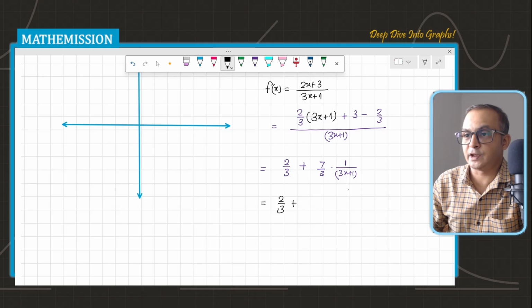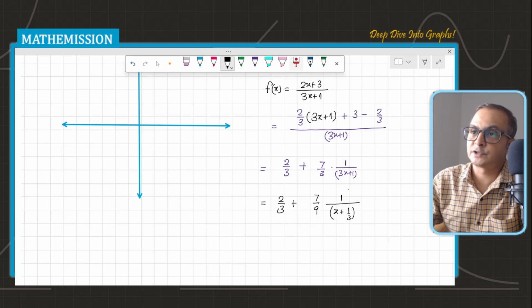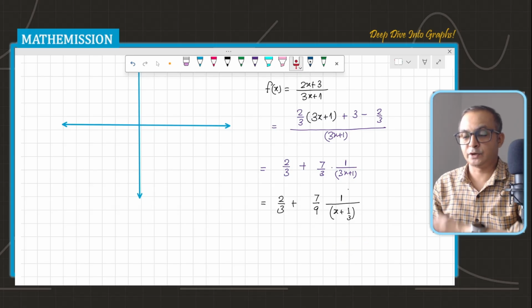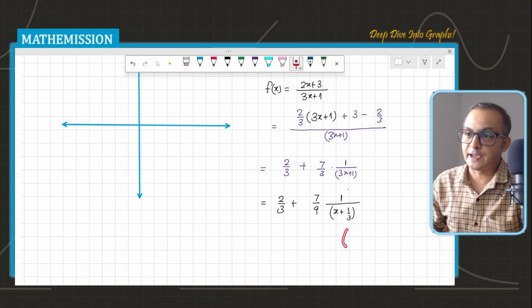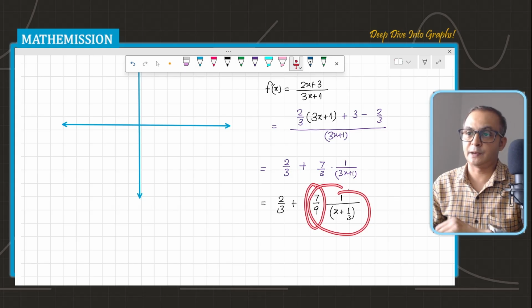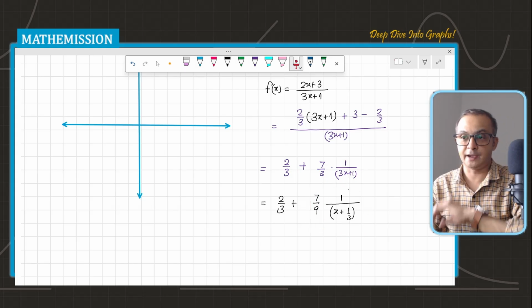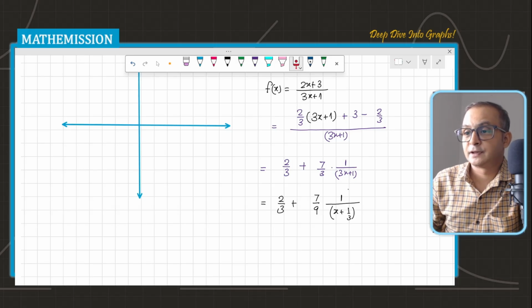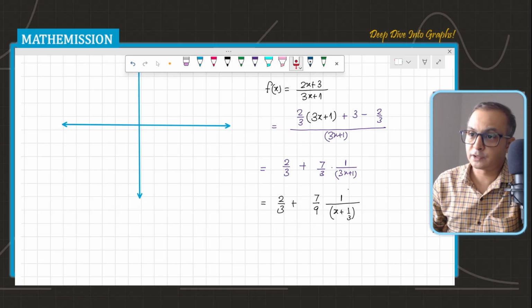Taking this 3 out, I'll get 7/9 times 1/(x + 1/3). So don't you think I am first taking 1/x, shifting it 1/3 unit left, again scaling it by 7/9, and whatever scaled function comes, I'm shifting it 2/3 unit above the x-axis.